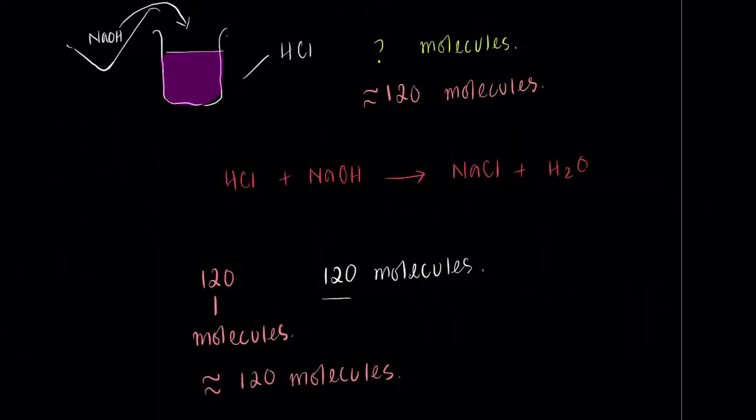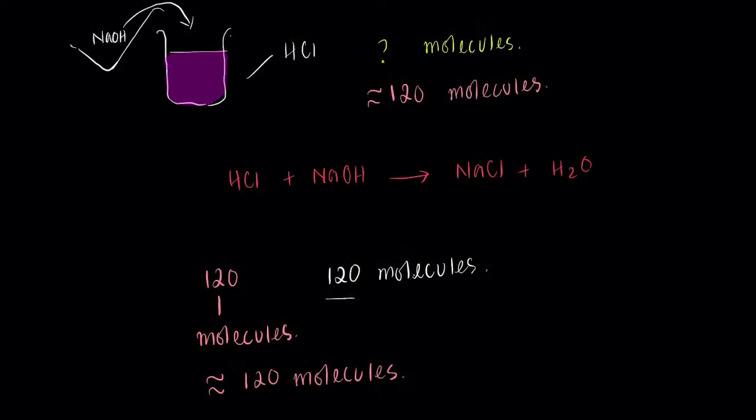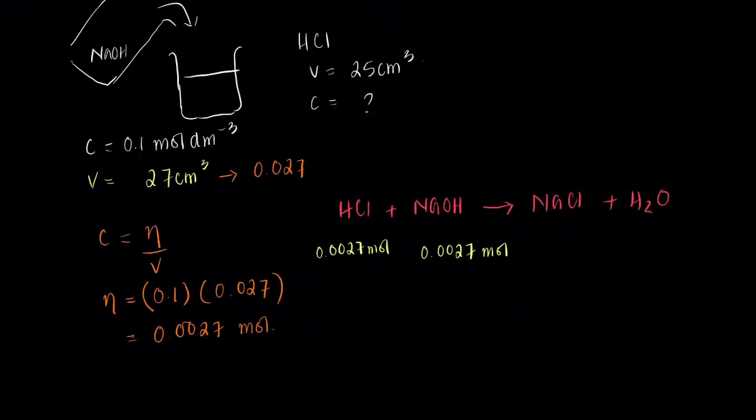This is the same thing we did earlier with longer steps. If this has to be 120 molecules, this also has to be 120 molecules, or at least very close to it. And that's what I'm saying over here. If this was 0.0027 moles, this has to be very close, if not exactly 0.0027 moles.